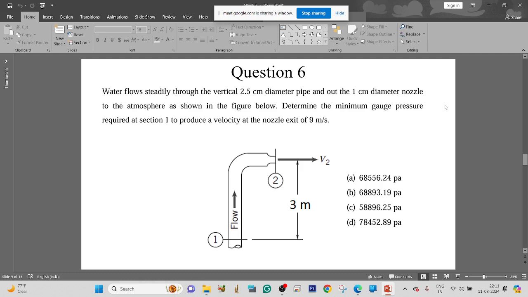V2 is already given. So V2 we know, V1 we know, then Z1 is 0 only, Z2 we know. P2 will be P atmosphere, as it is opening to atmosphere, right? So P1 minus P atmosphere upon rho, we also know rho as 1000. So P1 minus P atmosphere we can find out. So that will be option B.